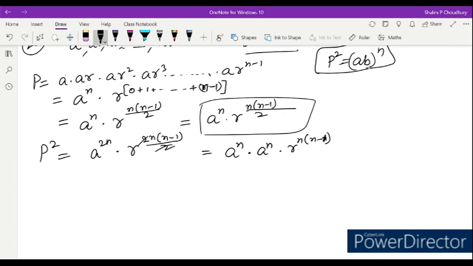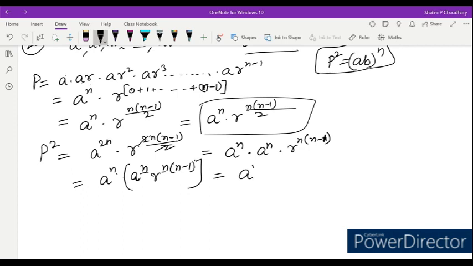Okay, now what can we do, we have done the square, so it means a to the power n into a to the power n, and we have written a to the power n r to the power n into n minus 1. This we have written. So from both of these we can take n.